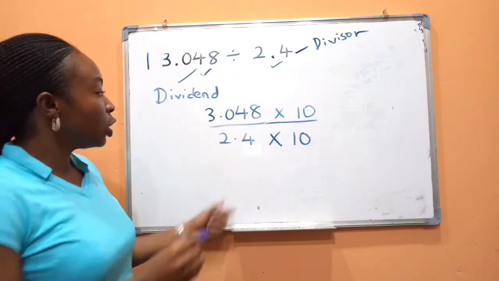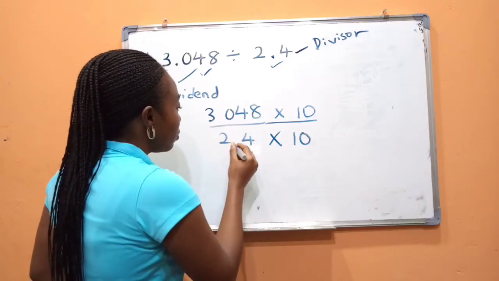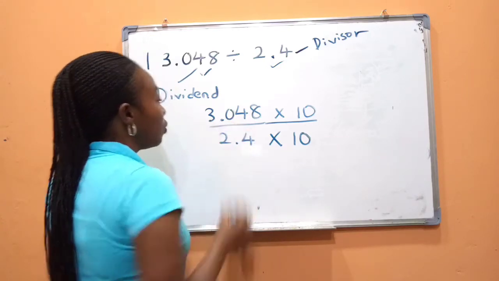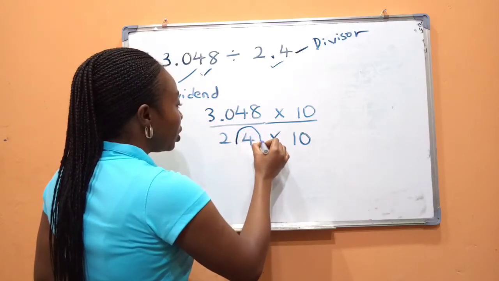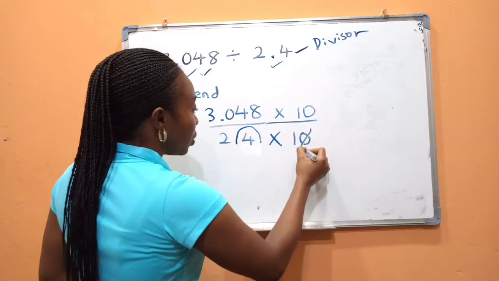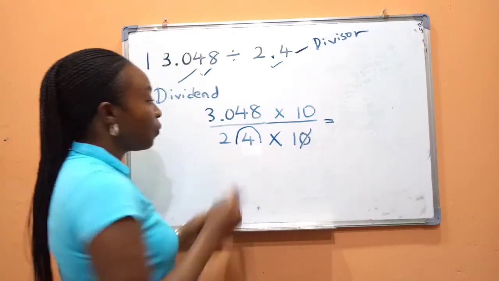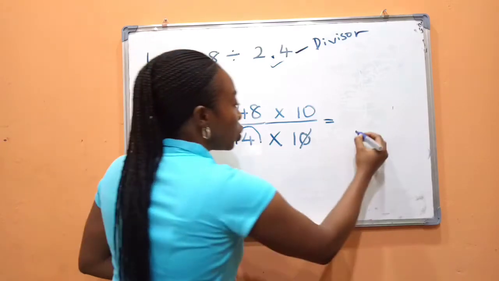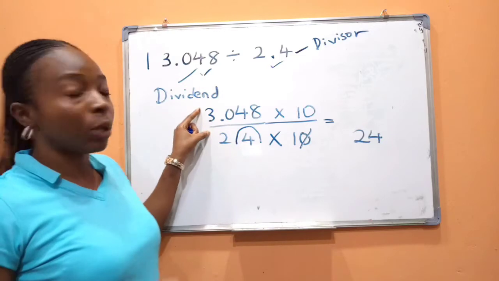So now we've done this, we are going to move the decimal point from the left to the right hand side. So as we move this to this place, it cancels out, okay? So we are going to be left with 24 times 1 gives us what? 24, okay? Now let's look at the numerator.